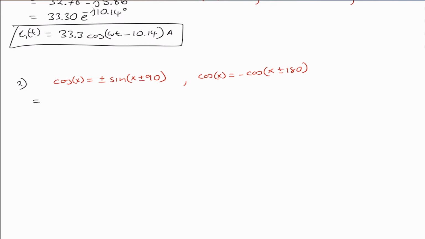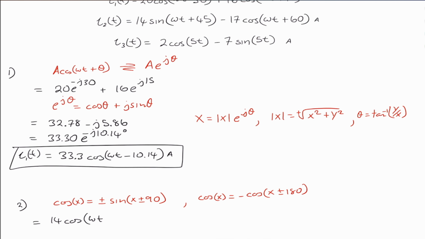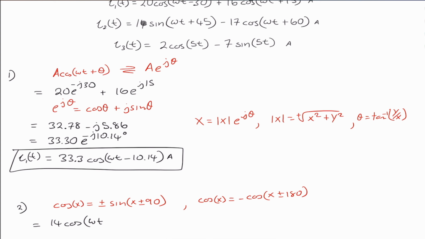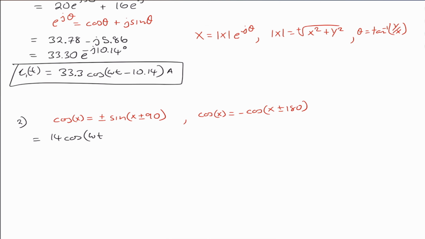So we then get a positive cosine. We keep our a, so positive cosine times omega t. And we had a positive sine, so we subtract 90, and then we're left with negative 45.